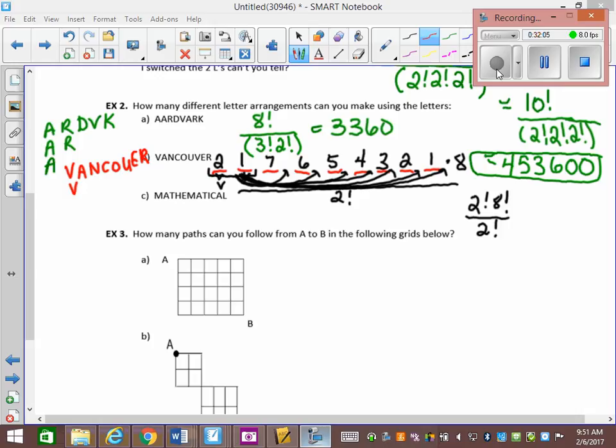Okay? So then this one would just end up being 40,320. You guys would have, however, gotten 9 factorial divided by 2 factorial. So your answer would have been 181,440.